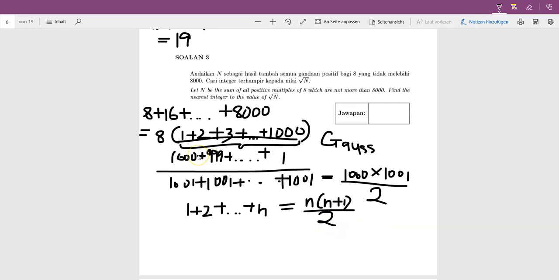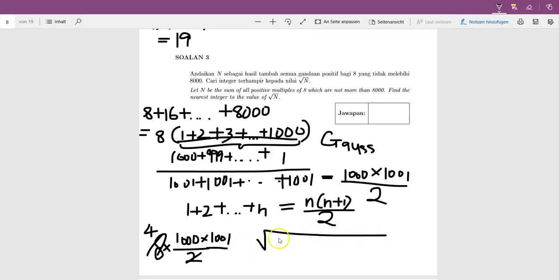Okay, so now here we have 8 times this divided by 2. Maybe we can eliminate the 2 first. 4 times 1,000 times 1,001. Okay, and then now we want to find this n.